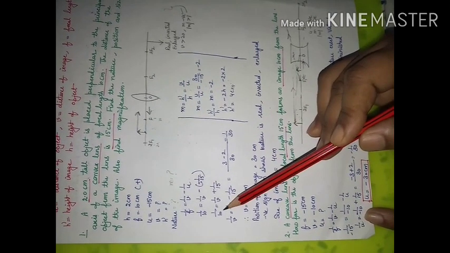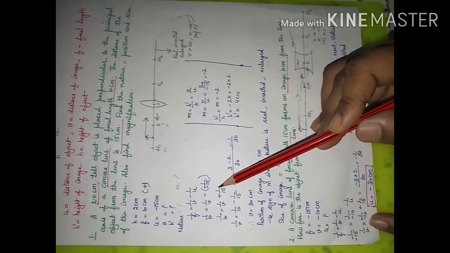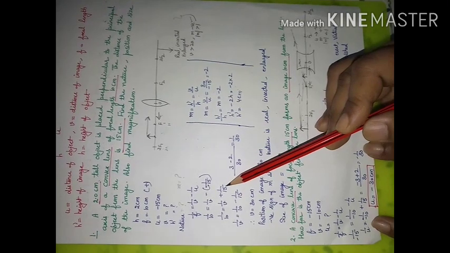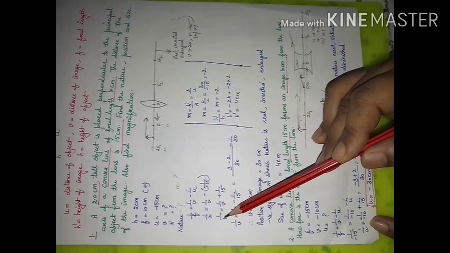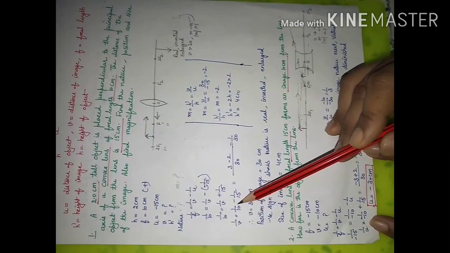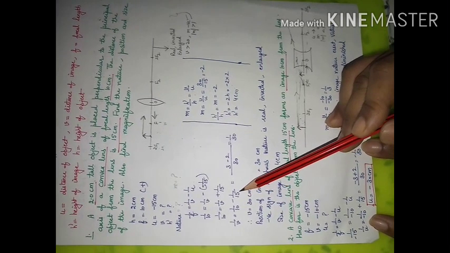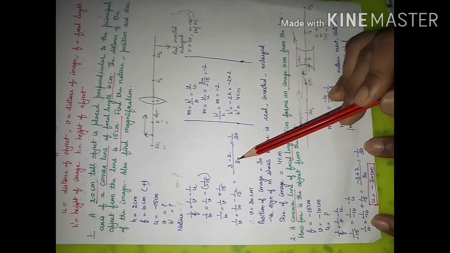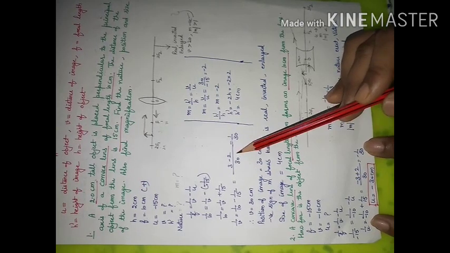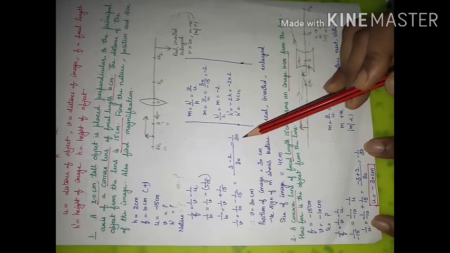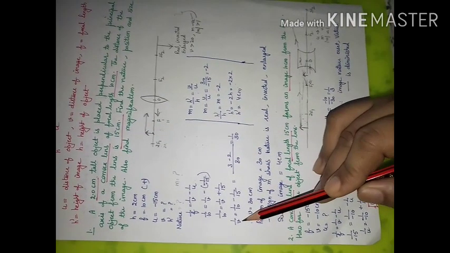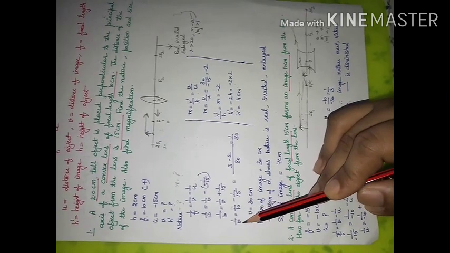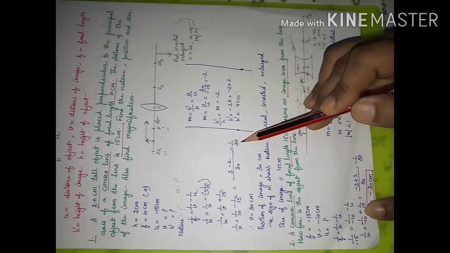So 1 upon 10 is equal to 1 upon v plus 1 upon 15. When you shift 15 to this side, 1 upon v will be equal to 1 upon 10 minus 1 upon 15. LCM will be 30. So 3 minus 2 is equal to 1 upon 30. So 1 upon v is equal to 1 upon 30. When you take reciprocal, because this is giving 1 upon v.